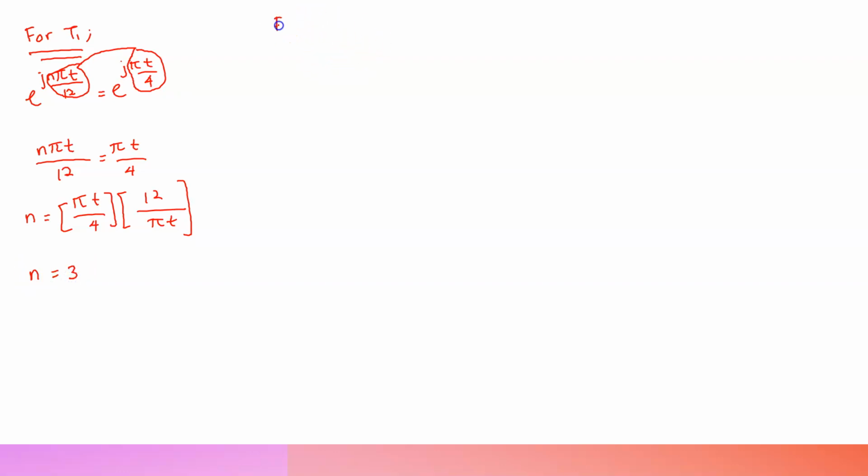Now for T2, the general form of the exponential Fourier series is the same, nπt/12, but T2 is e^(-jπt/4). So we will have nπt/12 equivalent to -πt/4. So n equals -3.